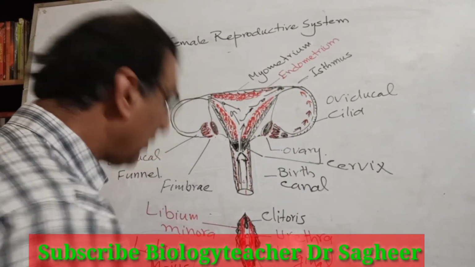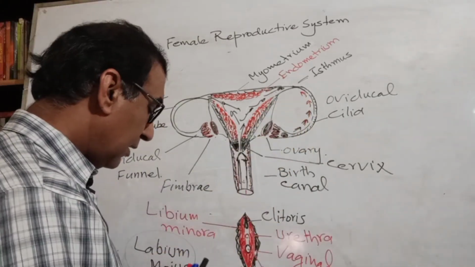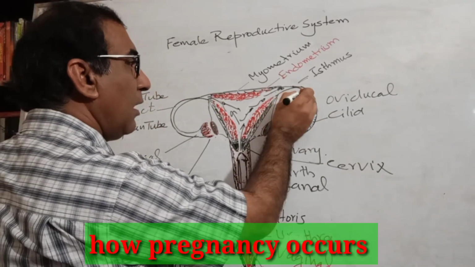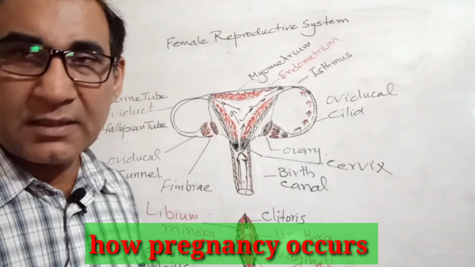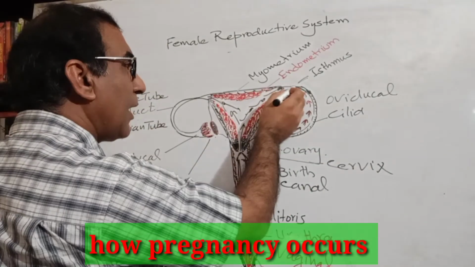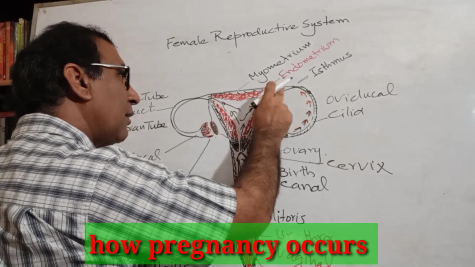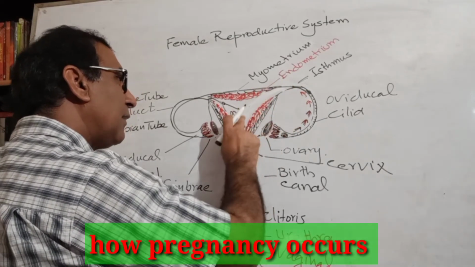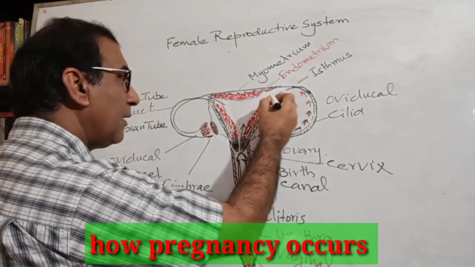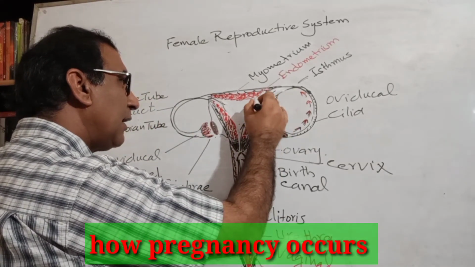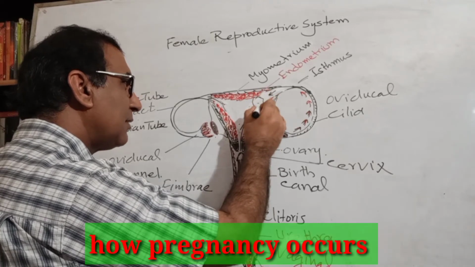As it reaches here, it has about 16 cells, 16 blastomeres, and as it passes from here, afterwards these sperms would be no more here, and as it reaches here, it will have a structure like this.